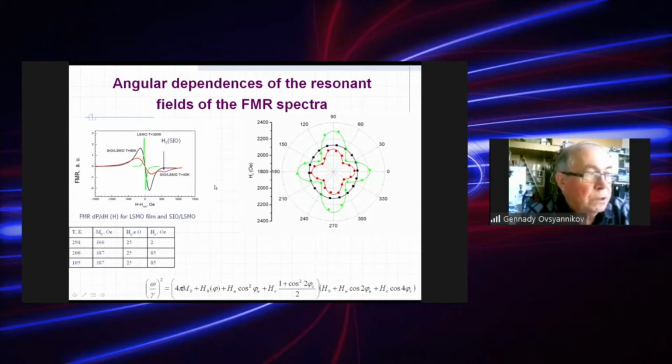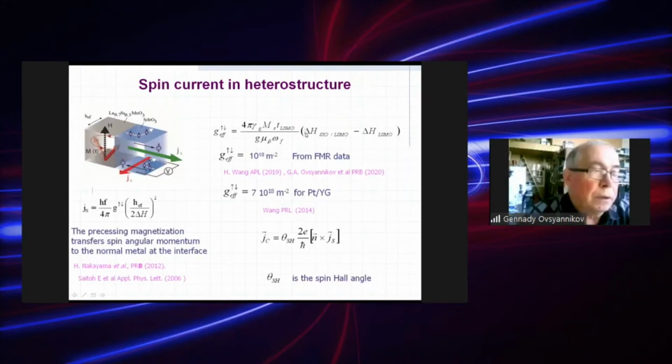What happens if we deposit iridate on manganite? We see an increase of the linewidth. The material used for comparison is yttrium iron garnet on gadolinium gallium garnet.